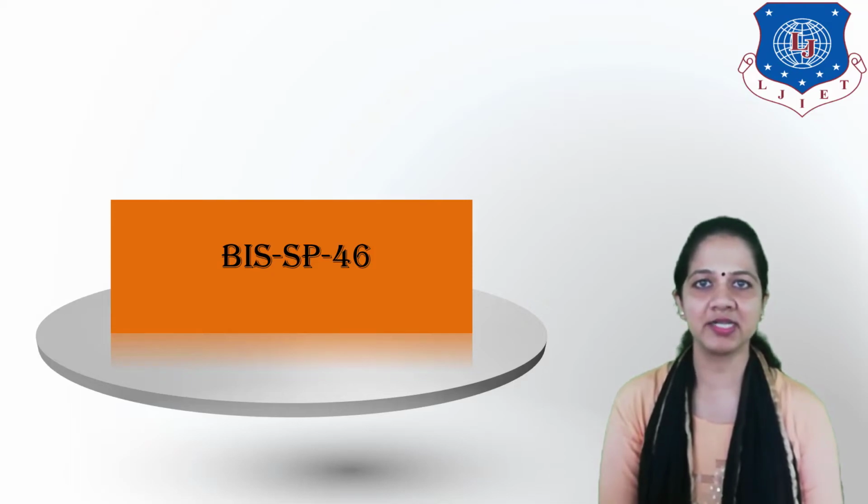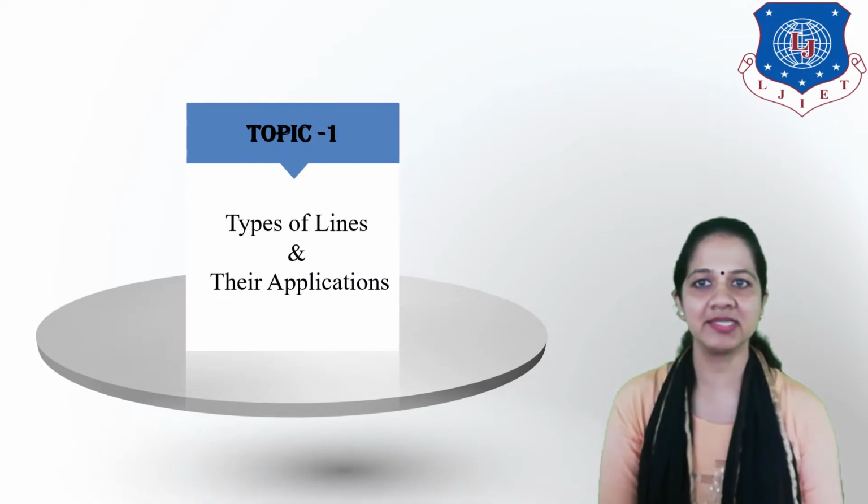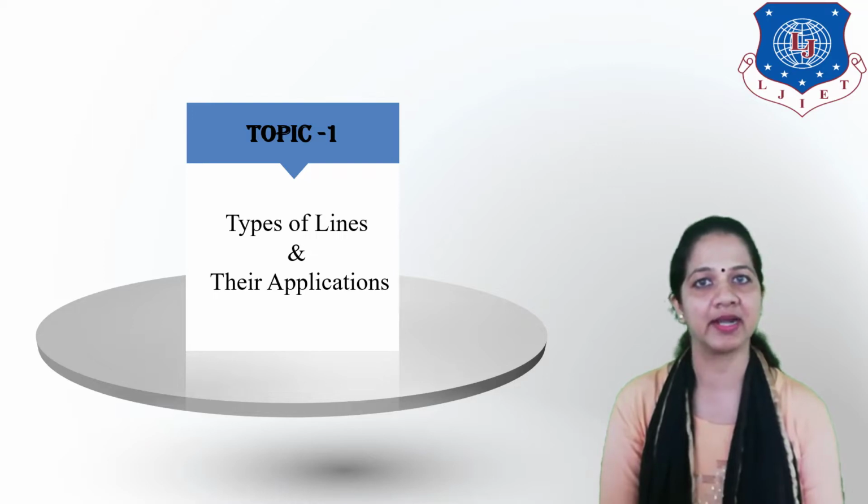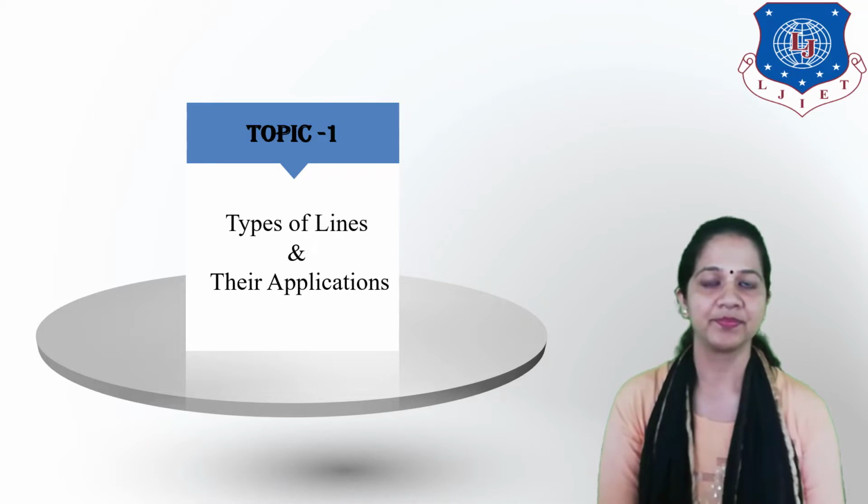So, let us start with first topic, which is types of lines and their application. Now, what is the importance of this topic? In engineering drawing, the details of the various object is drawn by using different types of lines, and these lines give information to designer and manufacturer regarding designing and manufacturing of the product.